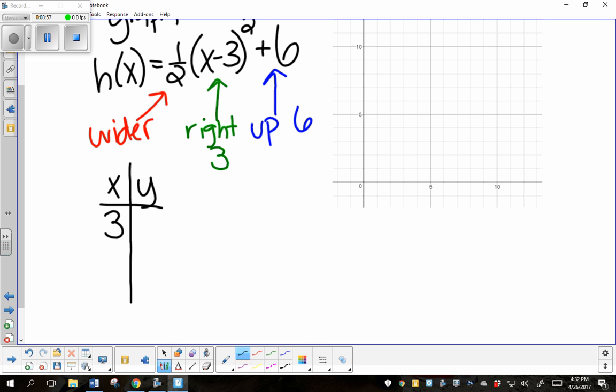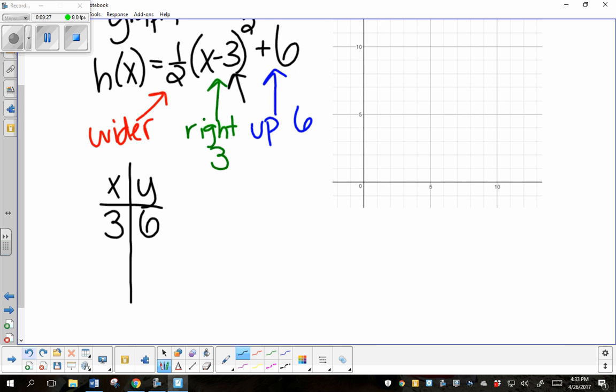And it goes up 6, so it's going to change the y value of our vertex to 6. So you can see right here, I just put whatever comes after the minus sign right there, or I put the opposite of the number I see. So I see a negative 3 there. That means my vertex x value is 3. And then for my vertex's y value, it's at 6 just because I know that I see a 6 at the end of that. So that's how you can always find the vertex, because we know how it's shifted.